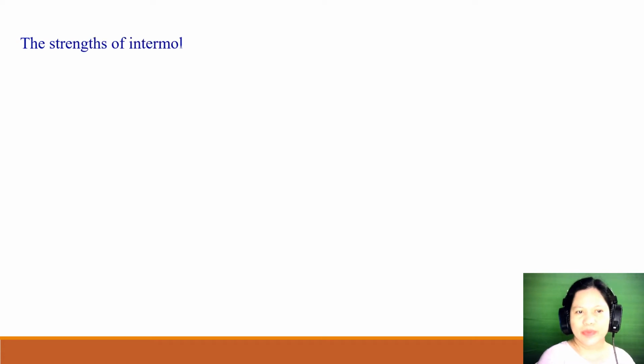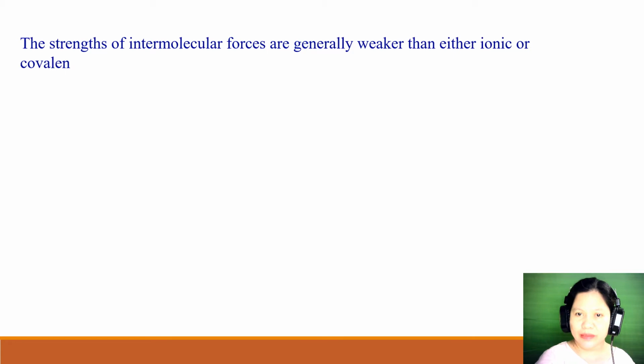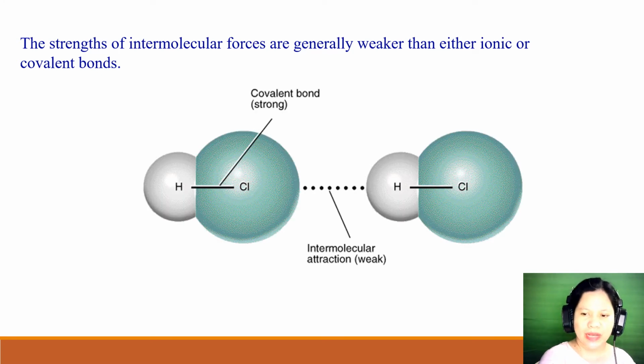Alright, so the strengths of intermolecular forces are generally weaker than either ionic or covalent bonds. When you talk about ionic, this is a combination of a compound which has metal and non-metal, while covalent is a combination of a compound which has non-metal and non-metal. So in our given example, we have here hydrochloric acid.